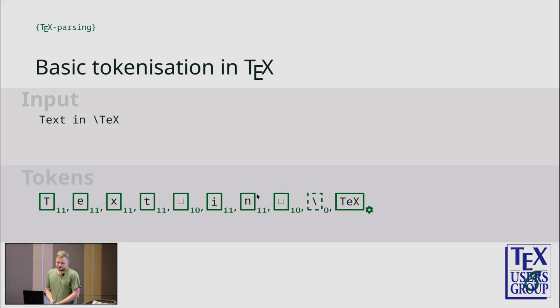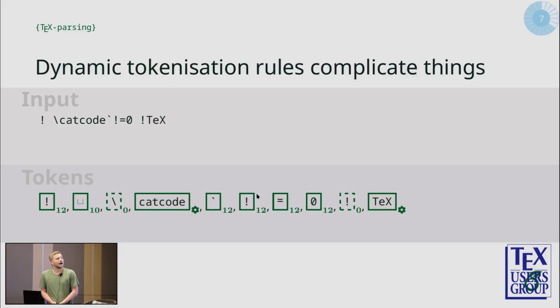This doesn't give any big difficulties in terms of what I showed, but the thing is that these rules, these category codes, are just one of the things in the TeX interpreter that is dynamic. We can change the rules of tokenization on the fly. So in this example, what we have is an exclamation point, and then the catcode command.